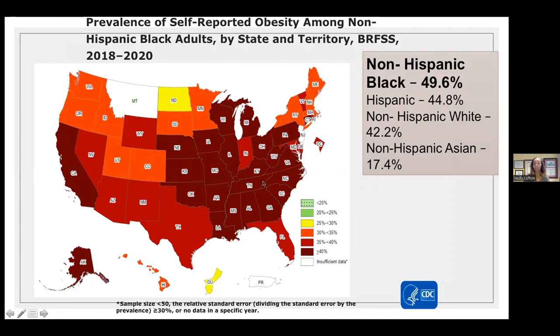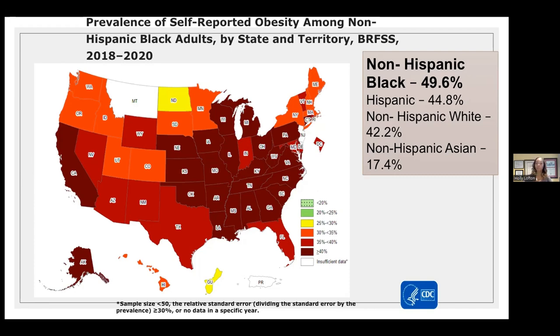If we were looking at this graph a few years ago, say 2016, there were actually some states that had this green dotted pattern, where there was less than 20% or less than 25%. But now we have no states that have less than 20% obesity. This epidemic is increasing, and it's affecting not only the medical aspect of health, but also the economic effects of obesity as a disease.